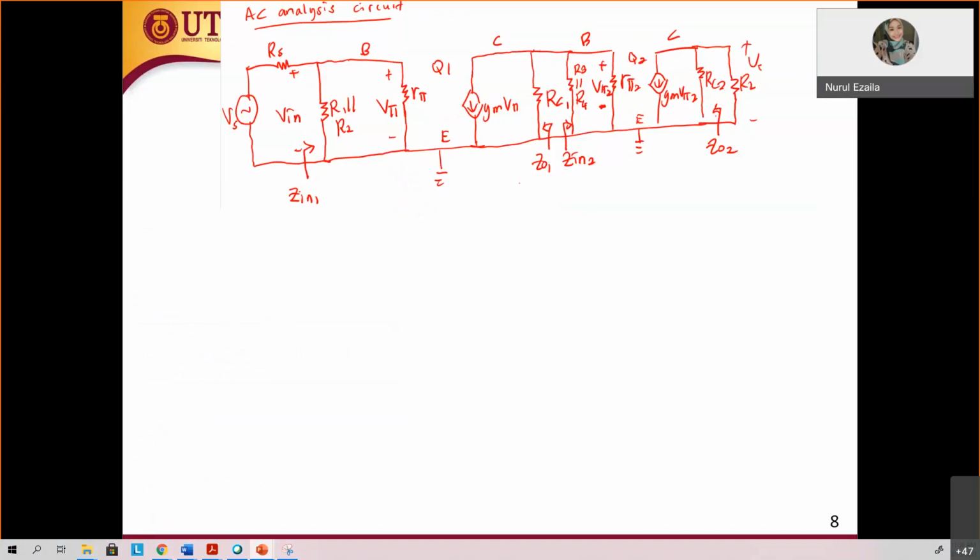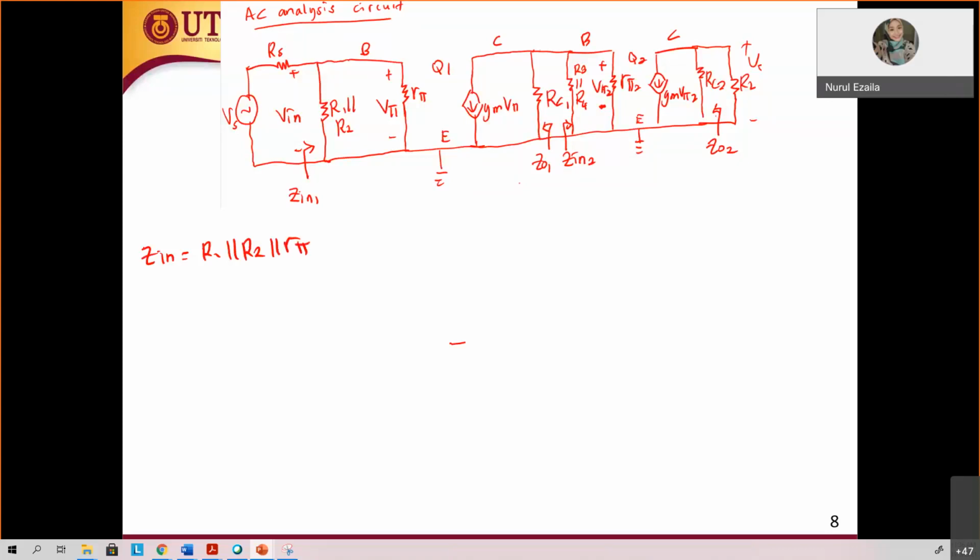Let's find Z in. Can someone say what is Z in 1? What you can see from there? Z in 1 is R1 parallel with R2 parallel with R pi.